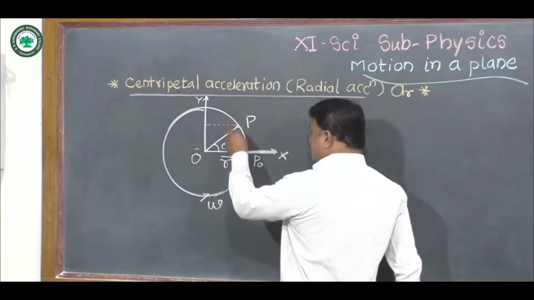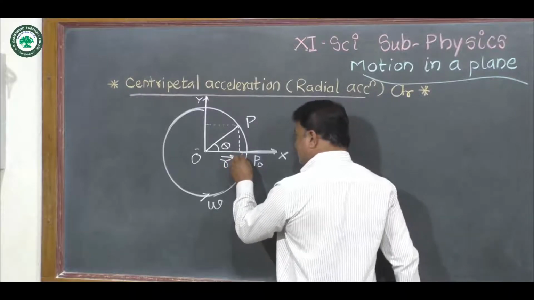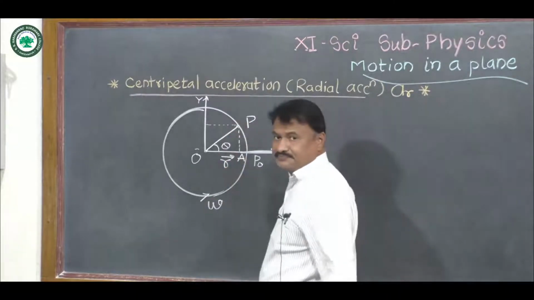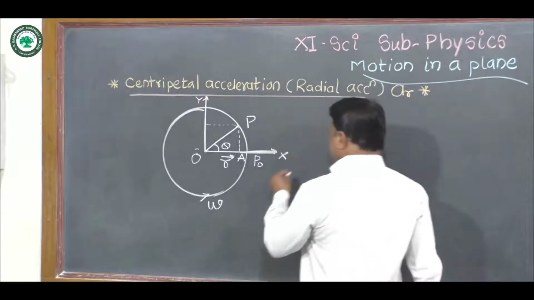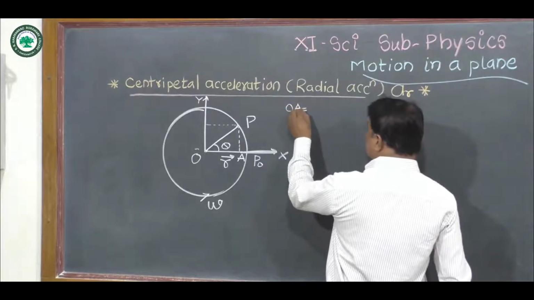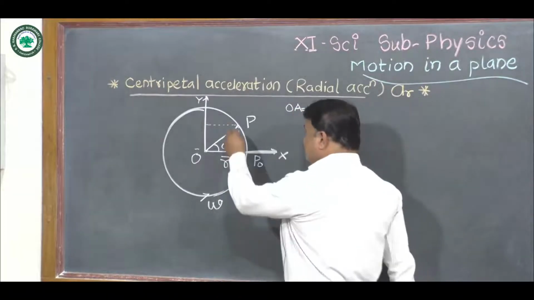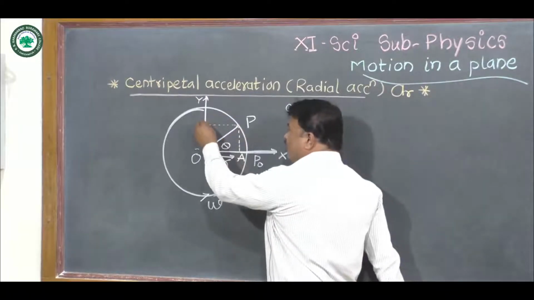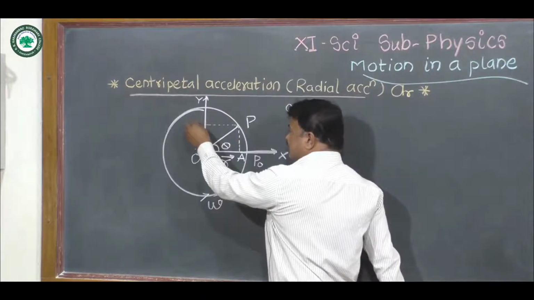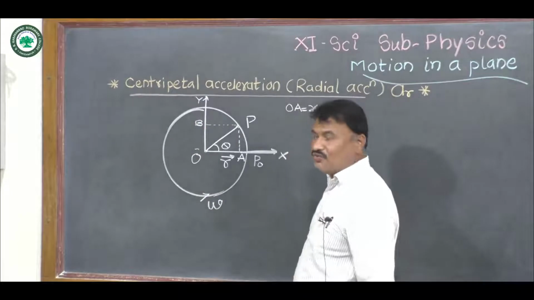The perpendicular on the X axis is say PA, and this distance OA is equal to small x. When we draw the perpendicular from P on the Y axis, it meets at point B on the Y axis.